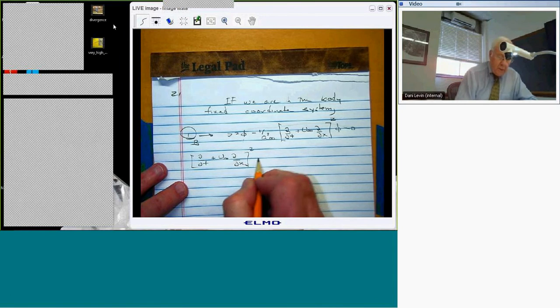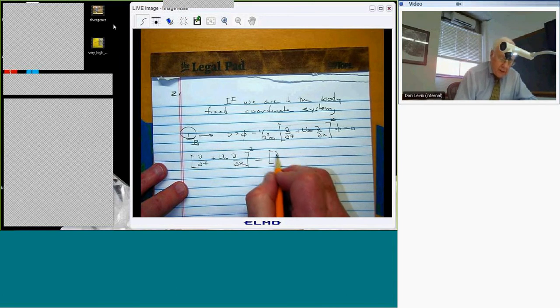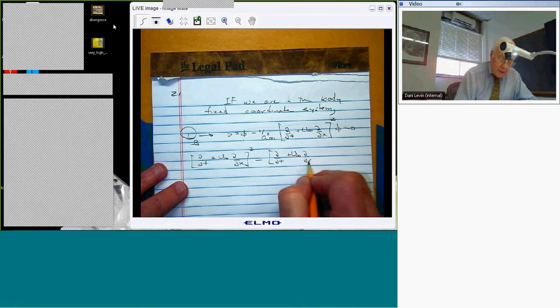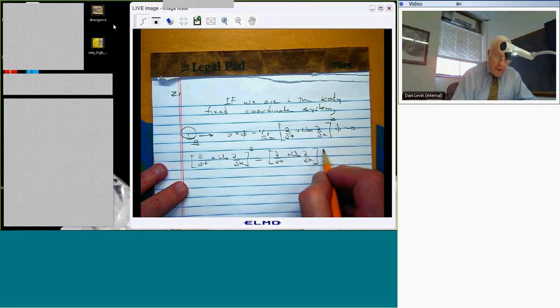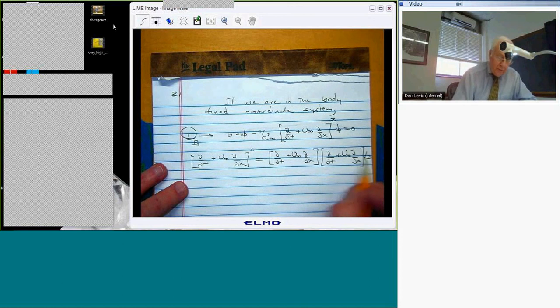When I do this, what I mean is more or less what you might think I mean. This is an operator, a derivative operator, and I apply it twice to something, like phi, for example.